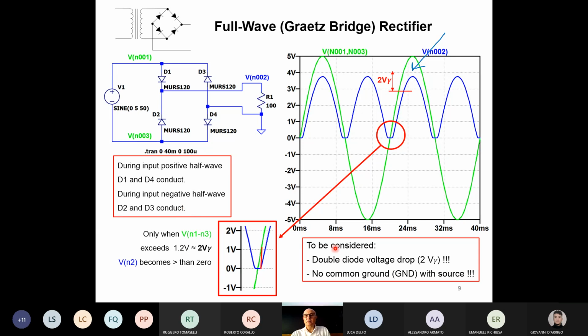Okay, here again in this box on the bottom, there is also another consideration. I already told you that in this circuit, you have a double diode voltage drop, 2 V gammas, and there is no common ground with the source. That's something that I already told you. This means that the Graetz bridge is nice.